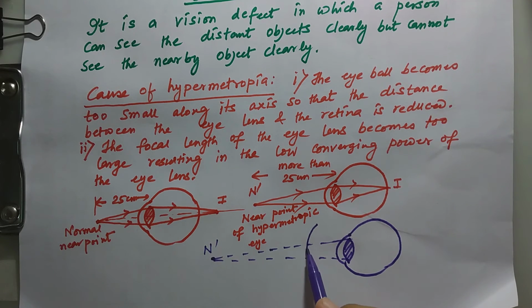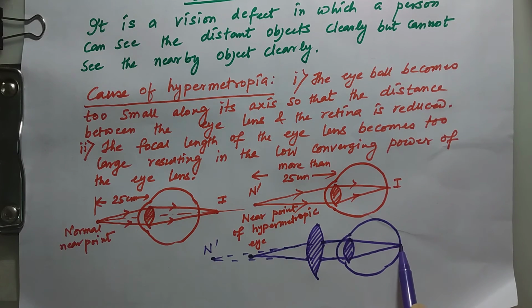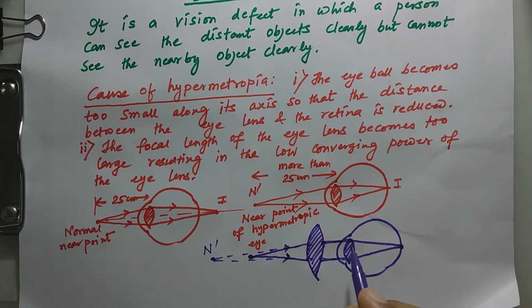If you use the convex lens here, this near point will come to here because of the convex lens. So the image will form exactly at the retina, and the person will be able to see the object clearly. The convex lens converges the rays as if they are coming from n dash.